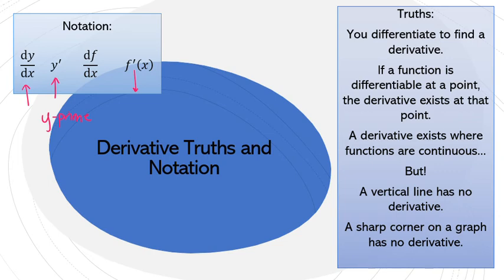However, if you have a vertical line, there is no derivative. How come? The slope of that line is undefined, right? Rise over run. You're going to get a fraction over 0. Or a cusp or a sharp corner, like an absolute value graph, will not have a derivative at its point because the slope is changing too drastically from one side of that point to the other.